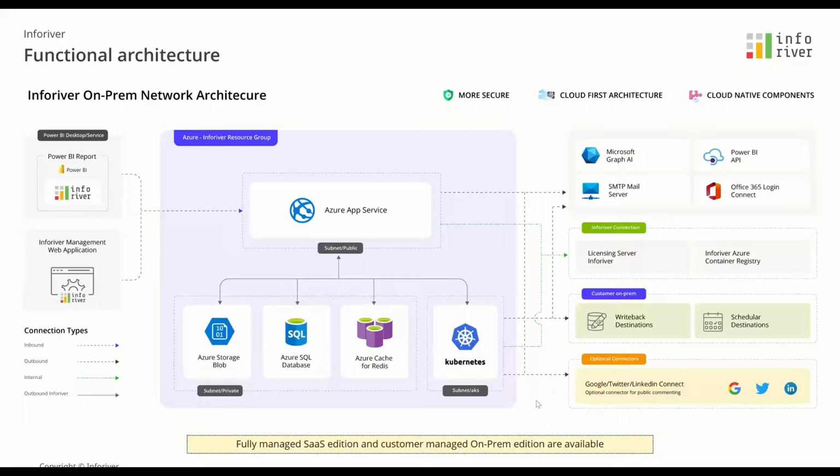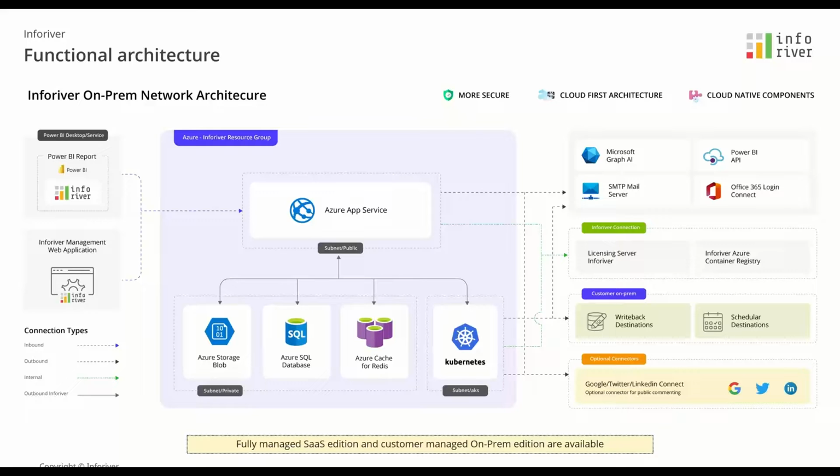Then all of this can be obtained as a fully managed SaaS solution, or for customers concerned about data security and governance, you can get an on-prem, Azure private tenant edition as well. So we provide both options for customers, and it doesn't mean the SaaS solution is less secure. The data is encrypted both at rest and in transit, but we wanted to give options to the customer.